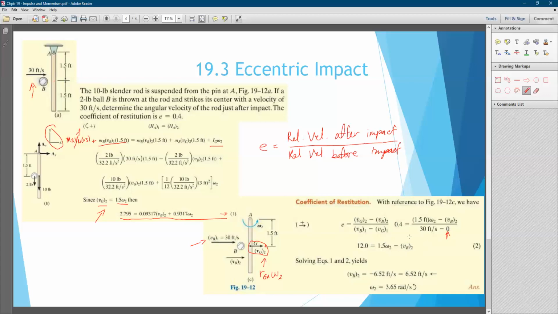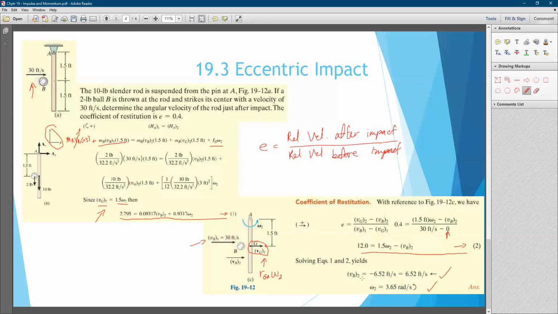Now you rearrange this equation and you will get another equation. So we now have two equations and two unknowns, and therefore we can easily solve this problem to get the value of VB2 and also the angular velocity of the rod just after impact, which is 3.65 radians per second.